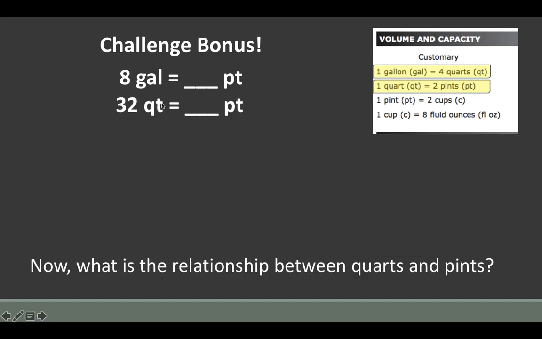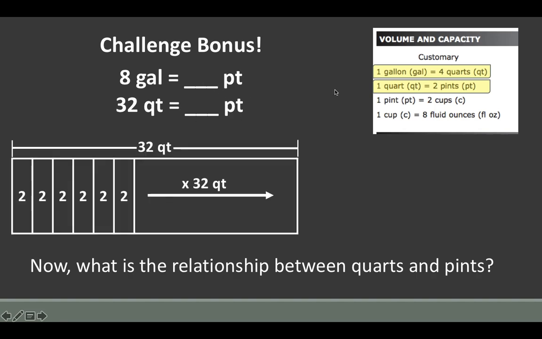Now we have 32 quarts equals how many pints? Because we know that 8 gallons equals 32 quarts. Now we can convert this time. So we have 32 quarts, 1, 2, 3, 4, 5, 6, and we're going to continue this pattern until we have that 32 times.